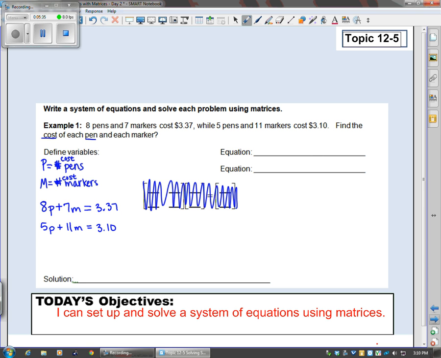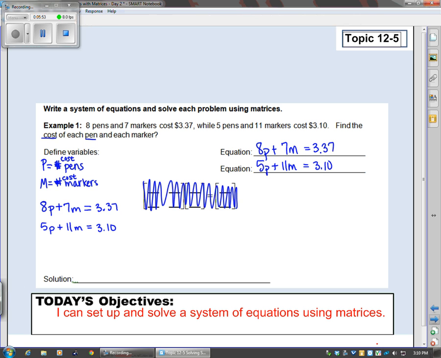So that's where you get the two equations. You have to find them from the word problem. So let me bring these over here. 8p plus 7m equals 337. 5p plus 11m equals 310. And then we're going to do like we did yesterday.